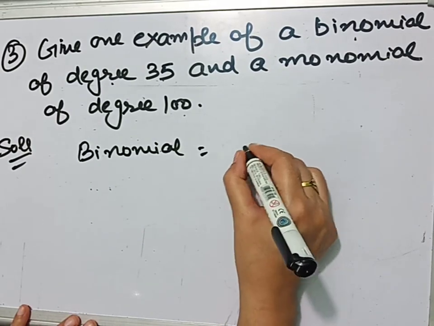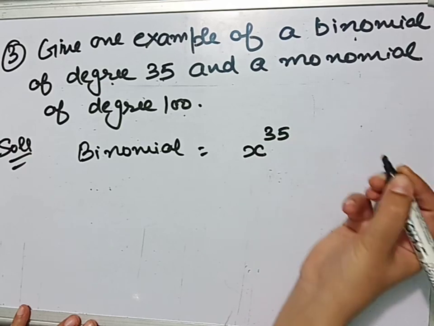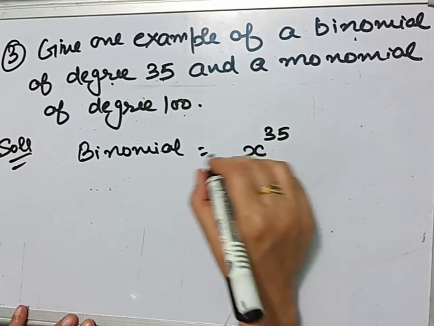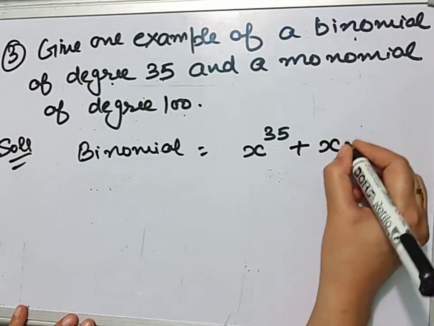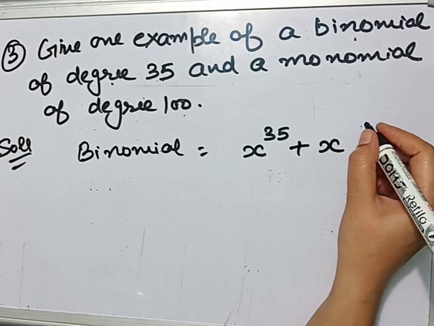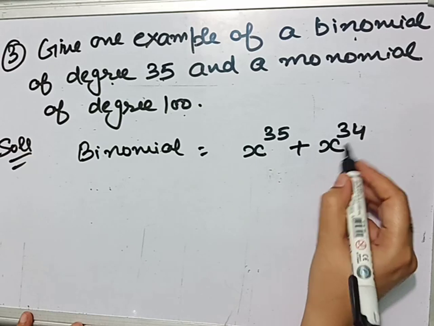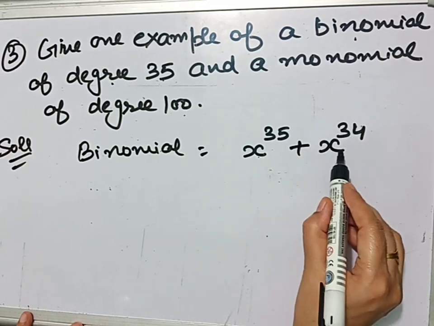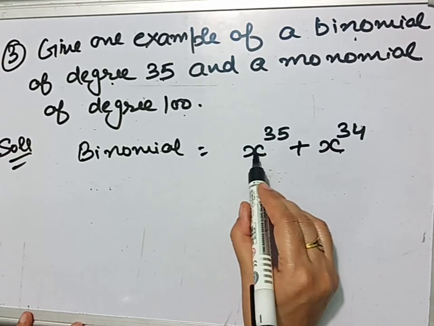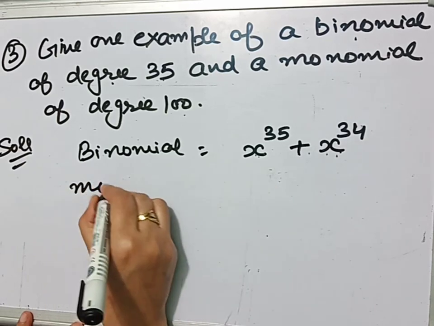I am taking x raising to power 35. Now one more term should be there. You can write x power 34, 33, x power 10. You can write any number. So I am writing here 34. Now two terms are connected by the positive sign. So it is binomial.